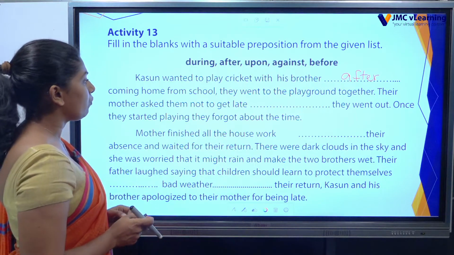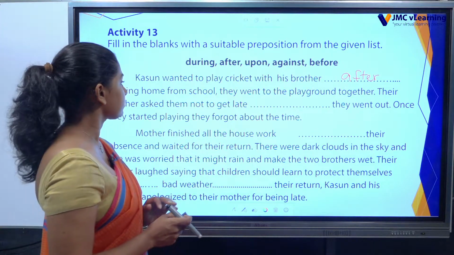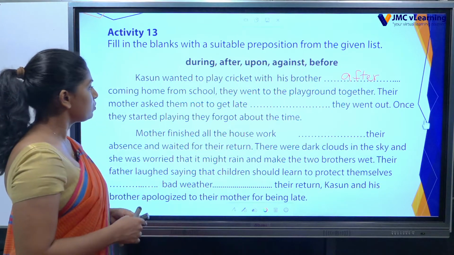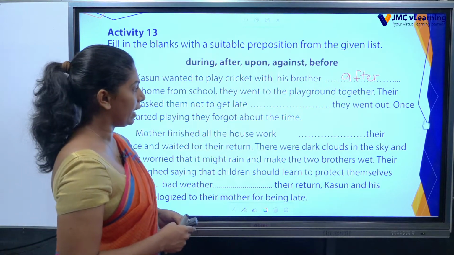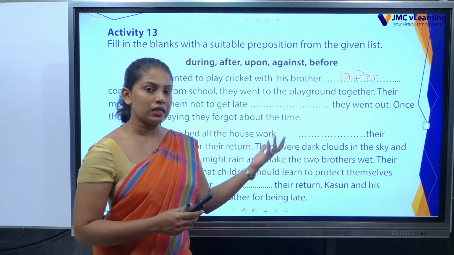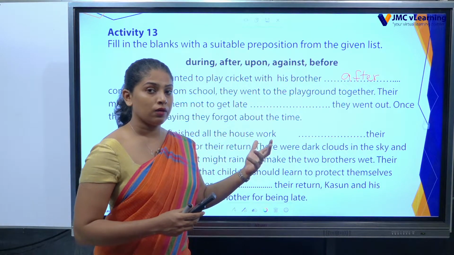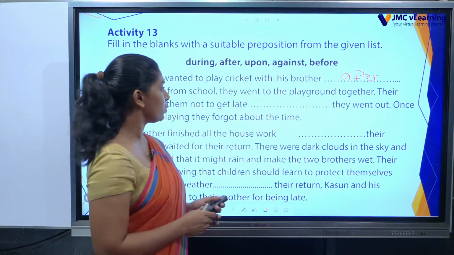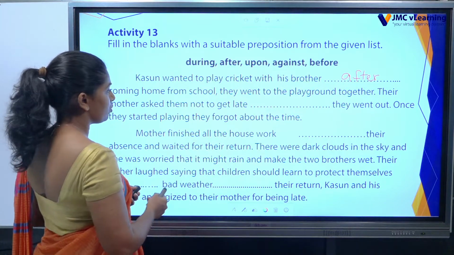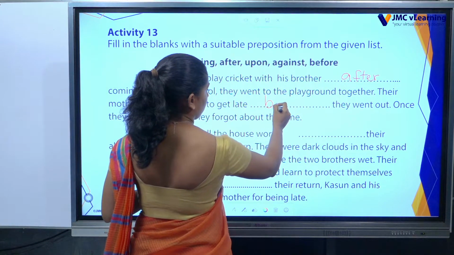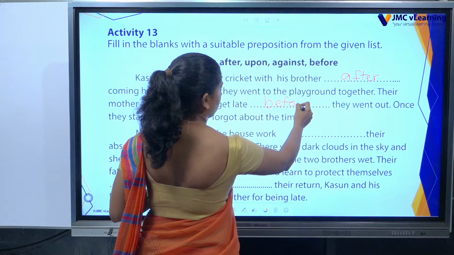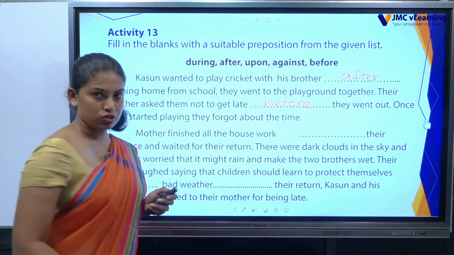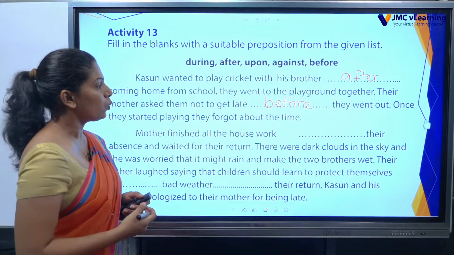Then they went to the playground together. Their mother asked them not to get late blank they went out. That means mother is giving instructions before they go. Right, so we can say their mother asked them not to get late before they went out.